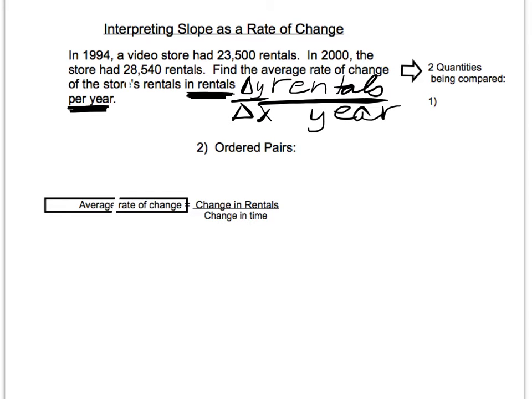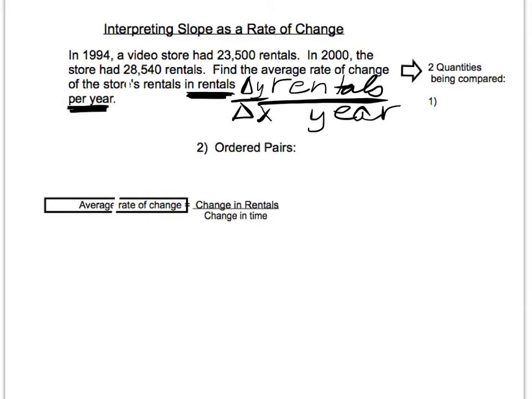Based on the definition of slope, the rentals in this problem will be our y-coordinates, and the years in this problem will be our x-coordinates. And again, it's because of the definition of slope.